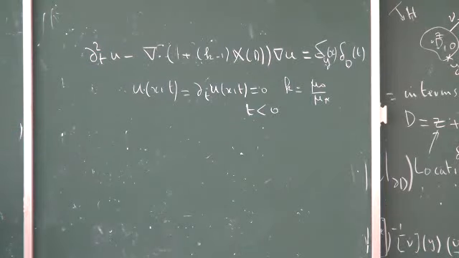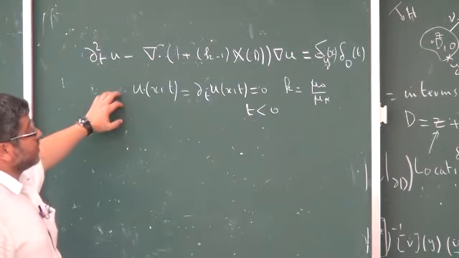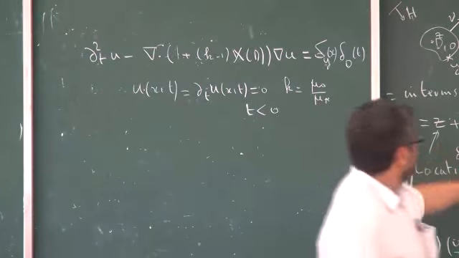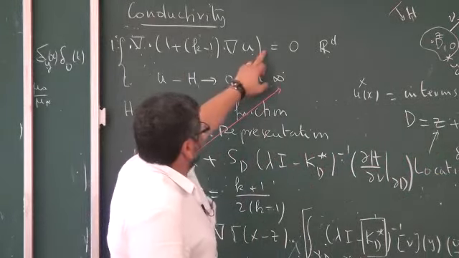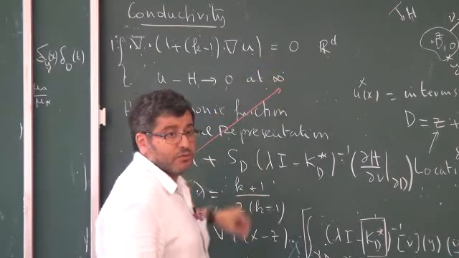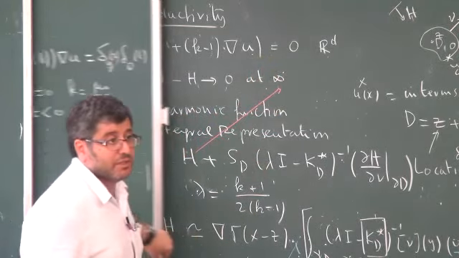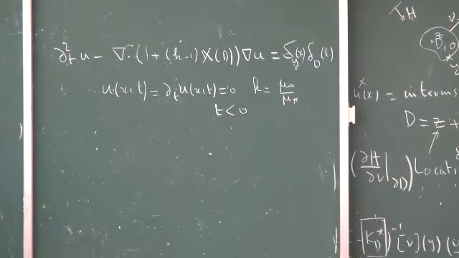So what's the perturbation? If you take the Fourier transform of this, you will get the Helmholtz equation for all the frequencies. Some frequencies will be high frequencies for the target. Some wavelengths will be much smaller than the target, some much larger.